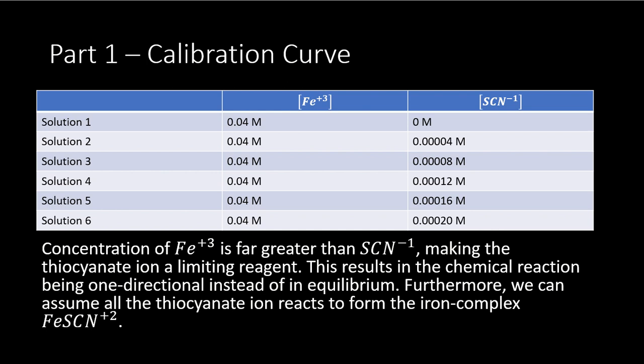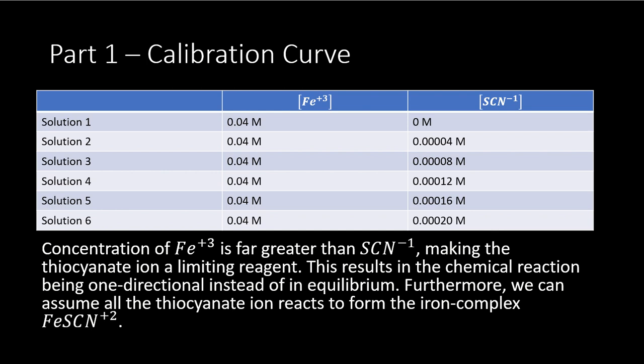0.0002. What this is meant to say is that for part one, we have such a large excess of iron ion that even though this reaction is traditionally in equilibrium, all of that thiocyanate ion is going to be reacted due to it being a limiting reagent.